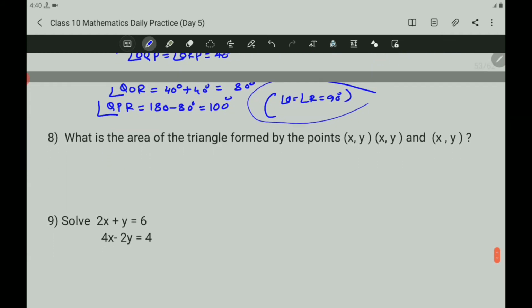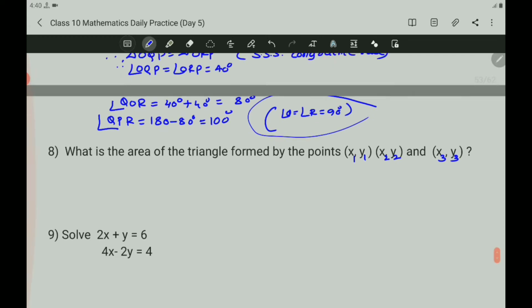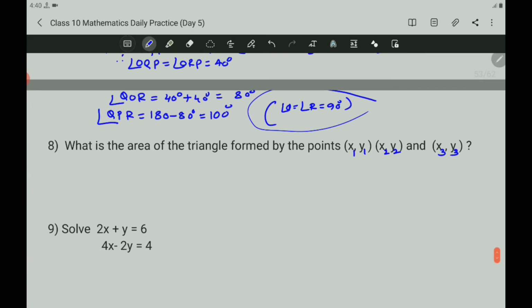Next you take: what is the area of the triangle formed by the points (x1, y1), (x2, y2), (x3, y3)? So directly you write the formula to find the area of the triangle when the coordinates of the vertices are given.